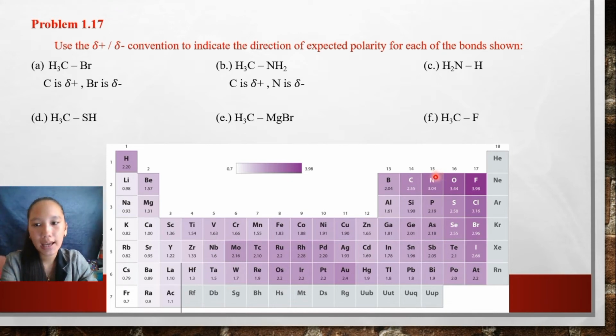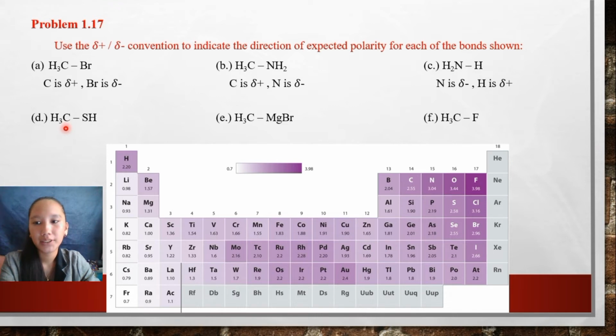You can see that N is more electronegative because it has a value of 3.04 and H is lesser because it only has 2.20. It means again that nitrogen is partially negative and H is partially positive.